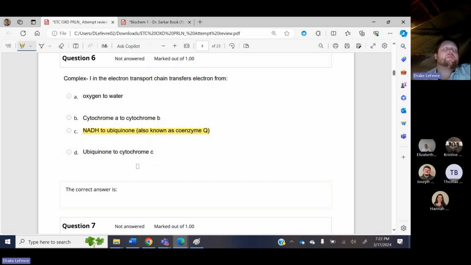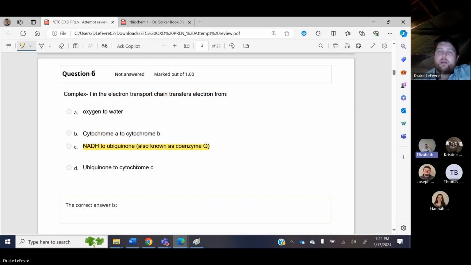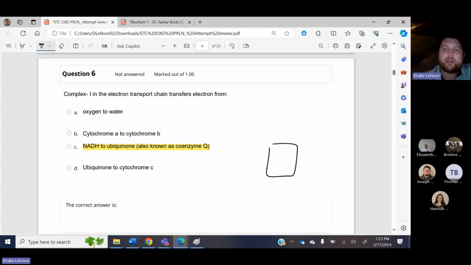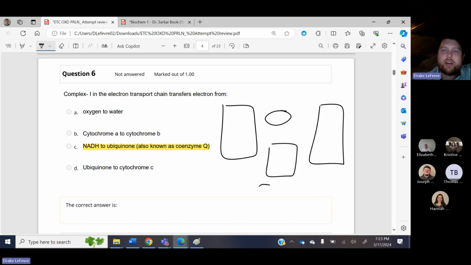From ubiquinone, where does it go next? Complex 3? Complex 2? Remember, Elizabeth, what is complex 2? Where does complex 2 receive electrons from? From FADH2. Yep, from FADH2.